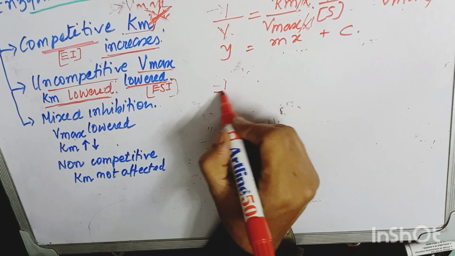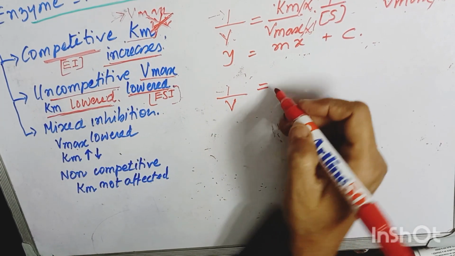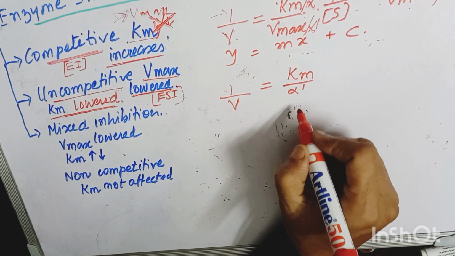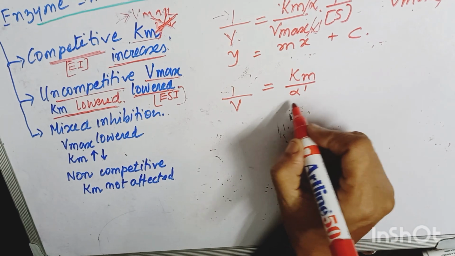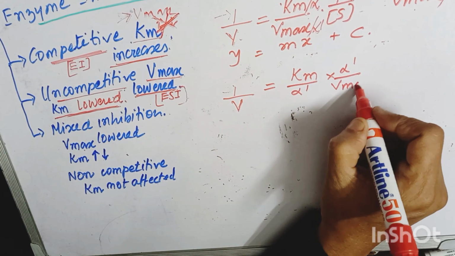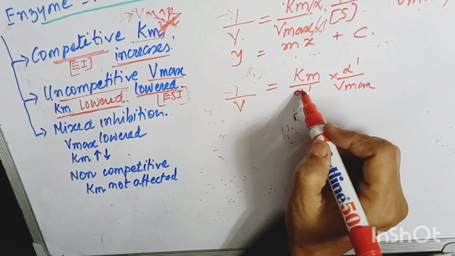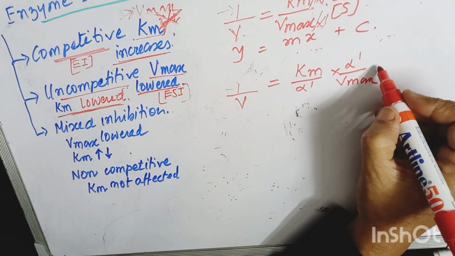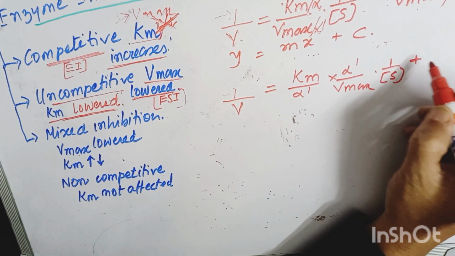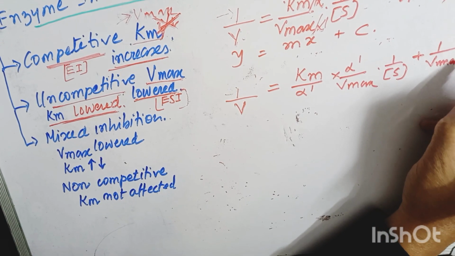It is 1 by v equal to Km by alpha dash into alpha dash by Vmax, into 1 by s, plus 1 by Vmax into alpha dash.